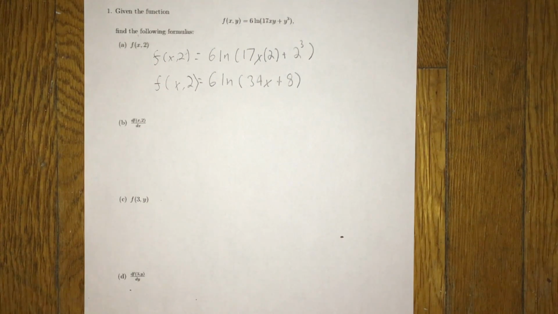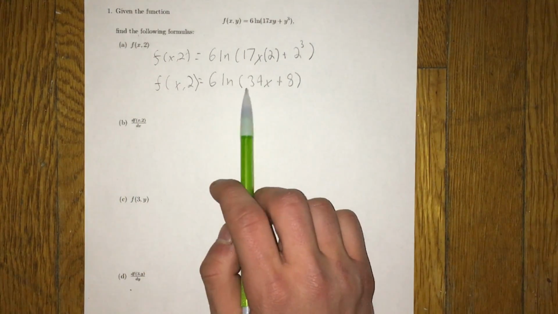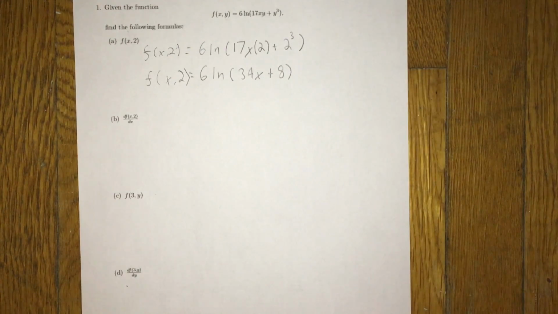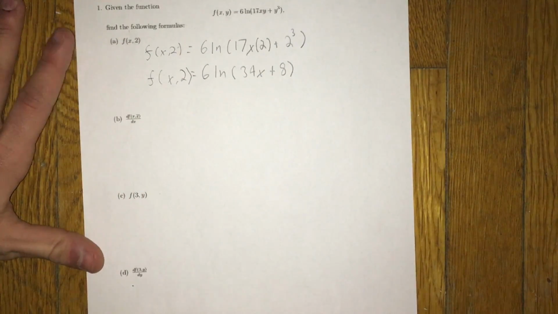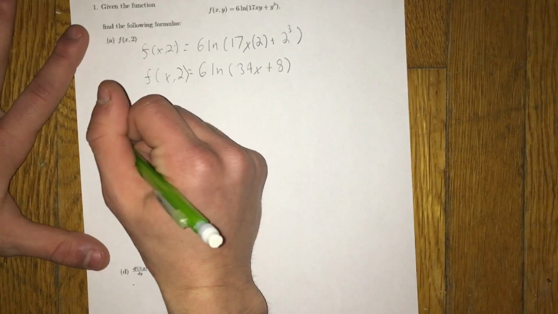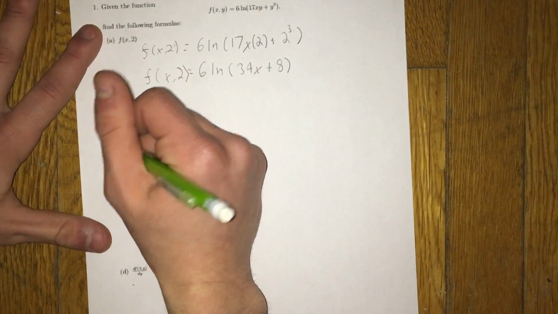For the second equation, you have to find the derivative of f of x, 2. And because there's a function within the function, you have to apply the chain rule in order to find the derivative. What I like to do at least is substitute, because I find that's the easiest way to do the chain rule.